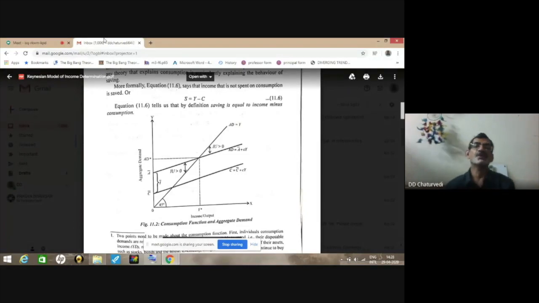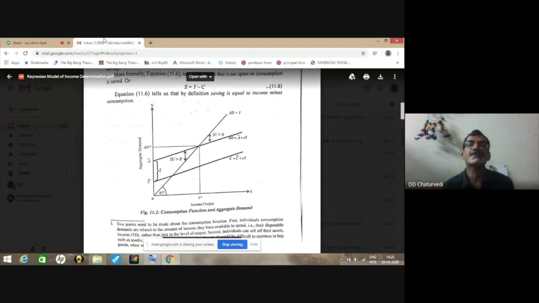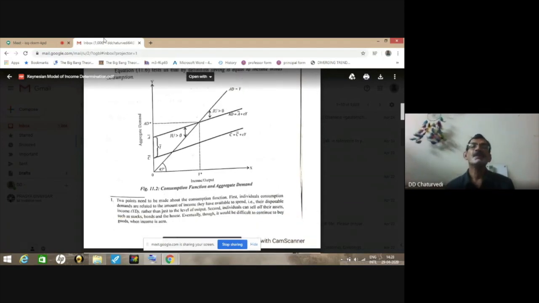C bar is autonomous consumption. A bar is total autonomous or fixed expenditure. So unlike the previous diagram, figure number 11.1, here aggregate demand is not assumed to be constant. So it is not parallel to the x-axis; rather it is linear and upward sloping.